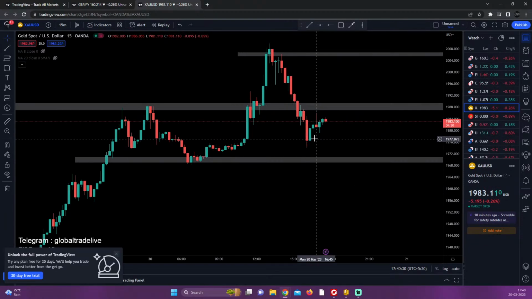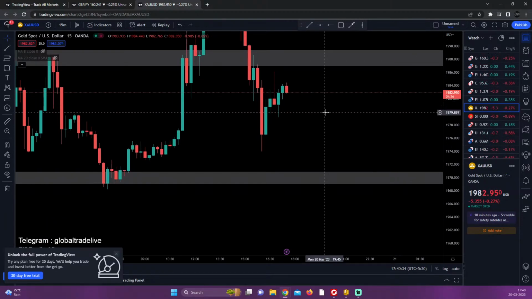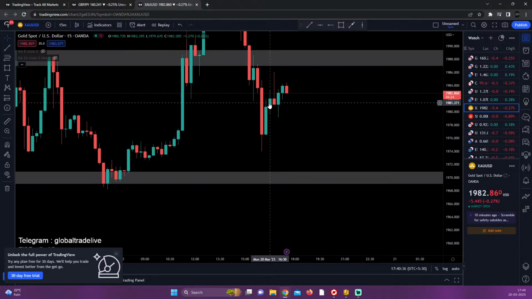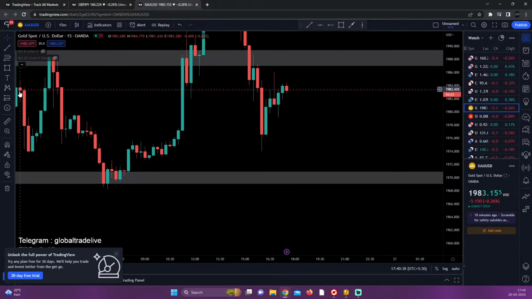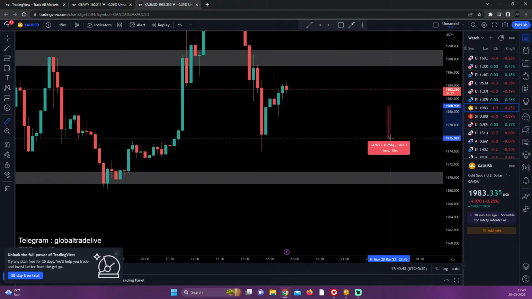Yeah, because the market over here is a little bit confusing, because right now the support formation is there, and we might have some sells below this area.